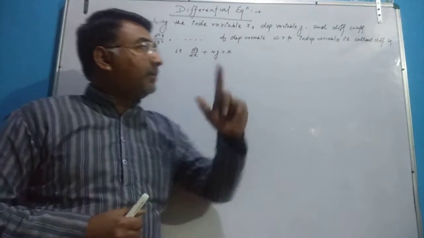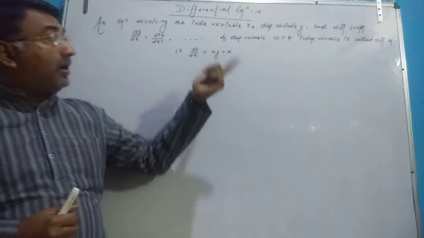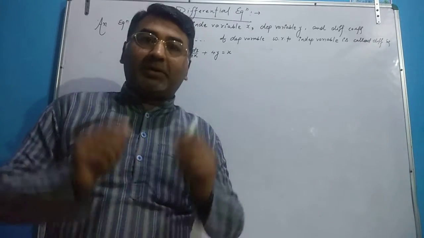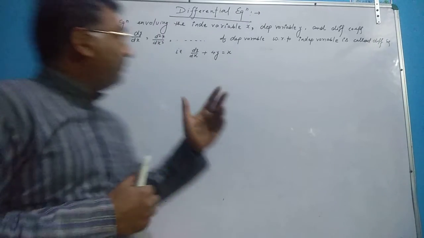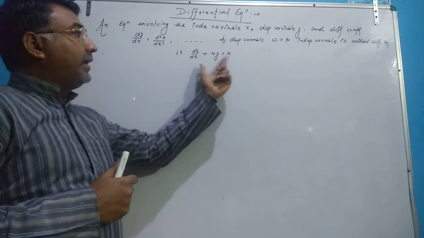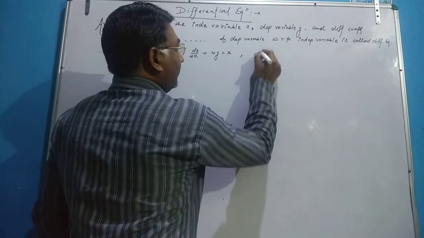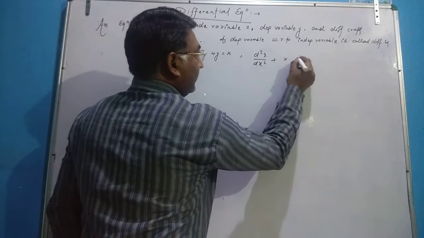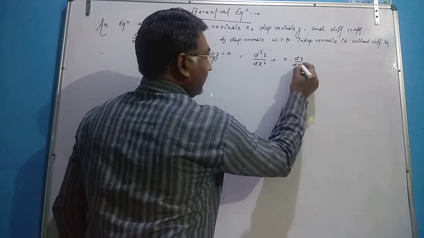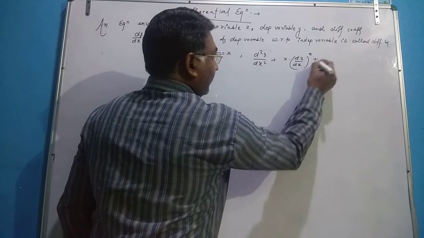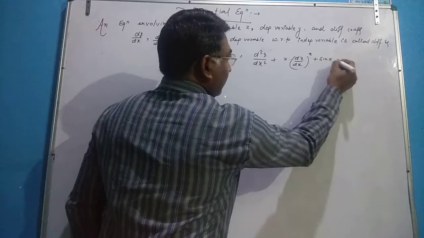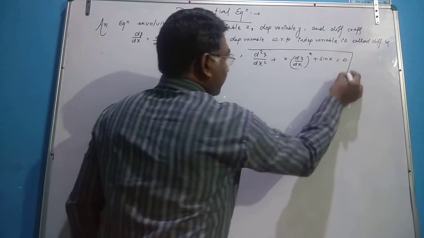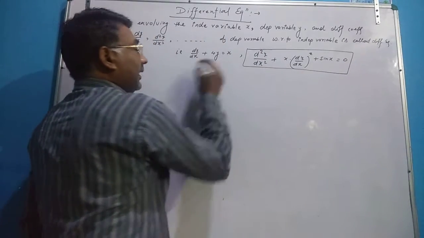For example, dy by dx plus 4y equal to x, and another form is d2y by dx square plus x into (dy by dx) whole square plus any trigonometric function like sin x equal to 0 is a differential equation, right?